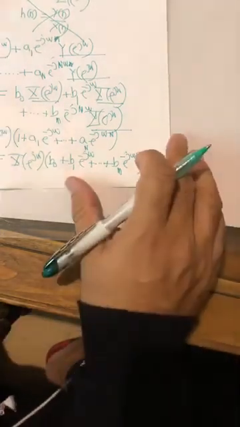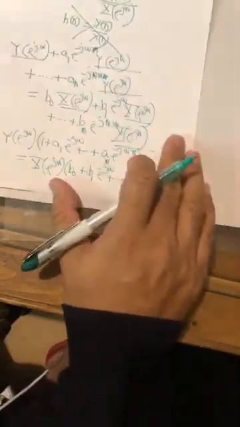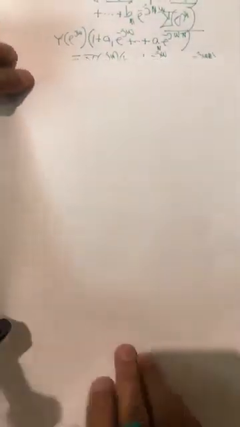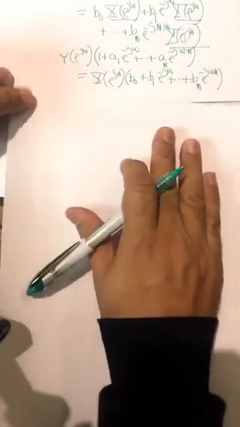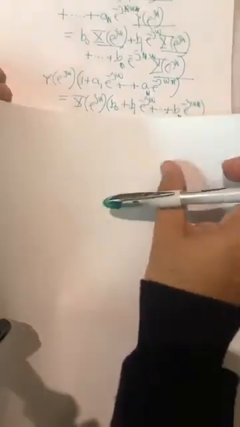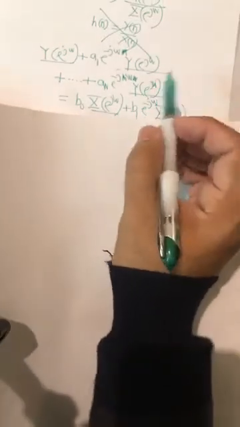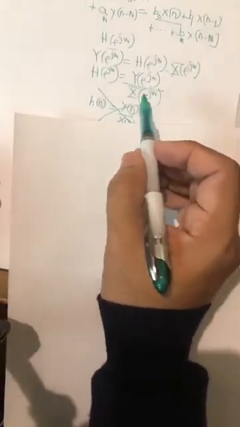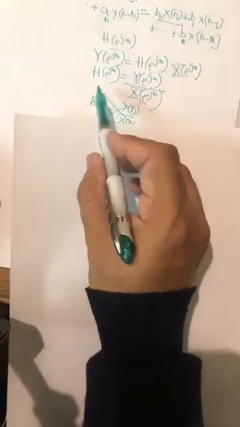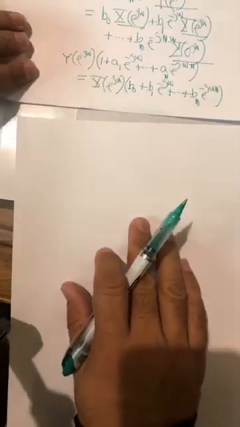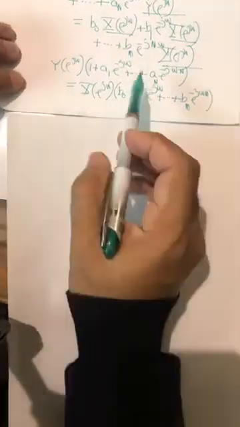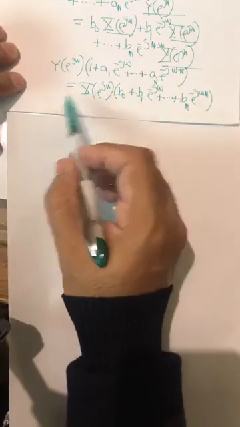This is good. Now we need to find Y over X to get H. With this expression, you take this on the other side and this on this side.